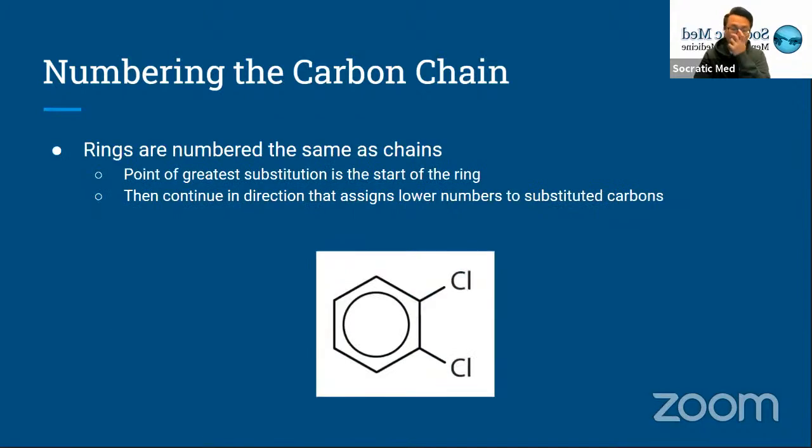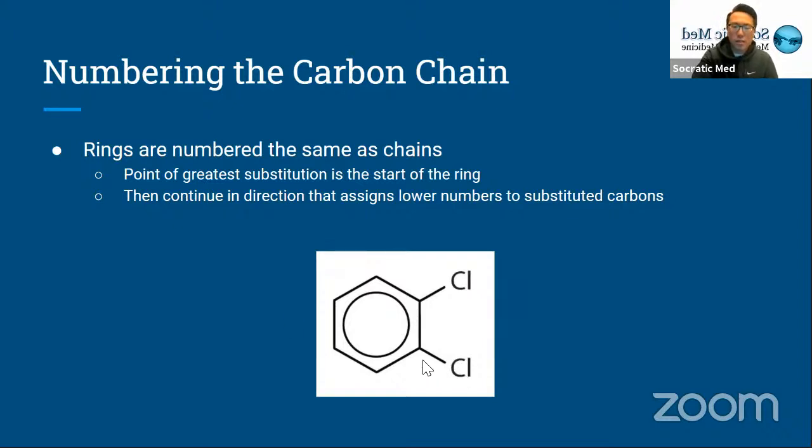And then for rings, they're numbered the same as carbon chains. The point of greatest substitution is the start of the ring, because you want to give the lower numbers to the carbons closer to the higher priority functional groups. And then you continue in the direction that assigns the lower numbers to the more substituted carbons.